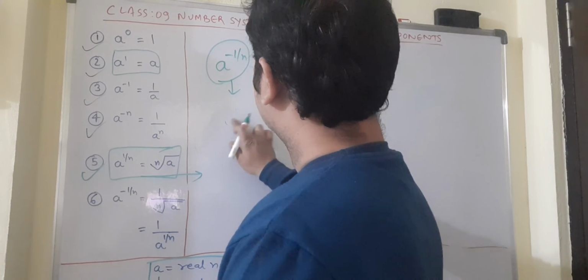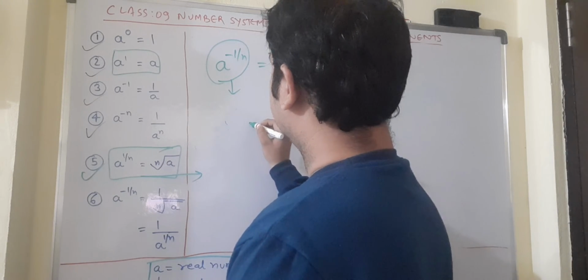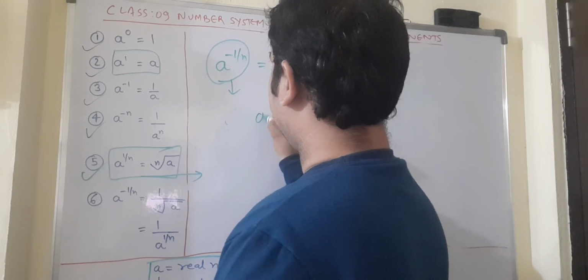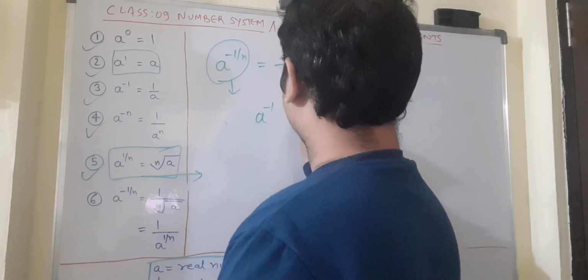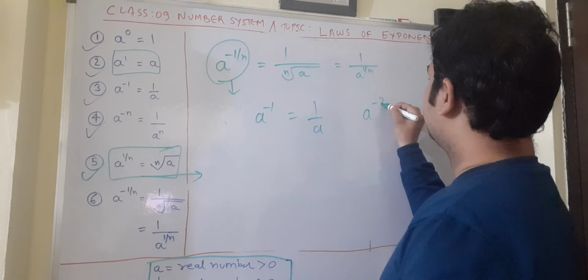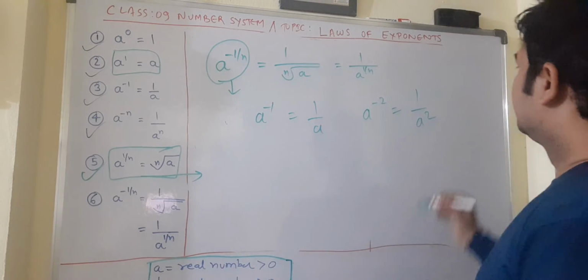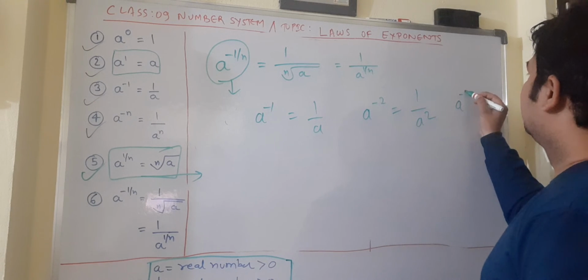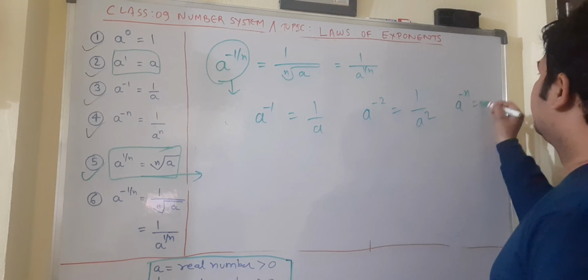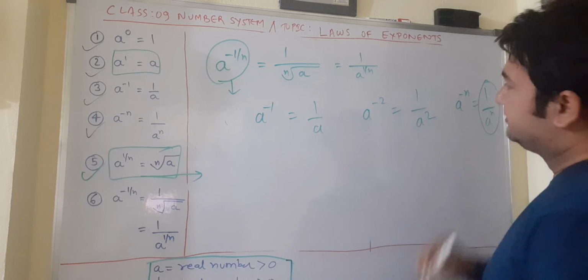So if we have a raised to the power minus 1, it becomes 1 by a. If we have a raised to the power minus 2, it becomes 1 by a squared. If it is a raised to the power minus n, it becomes 1 by a raised to the power n, the reciprocal of this.